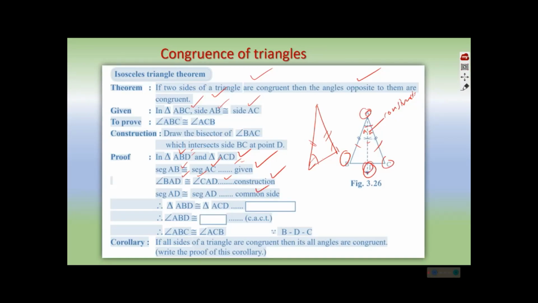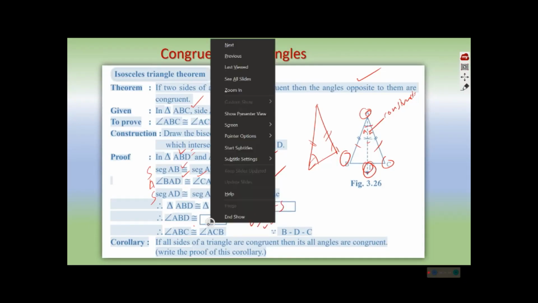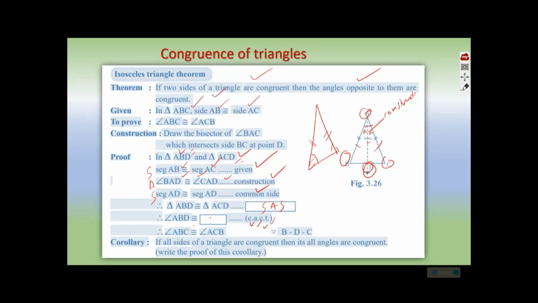So just now you learned about the congruency of triangles. This is a side, this is an angle, this is a side. So these two triangles are congruent by SAS test. So triangle ABD will be congruent to triangle ACD.